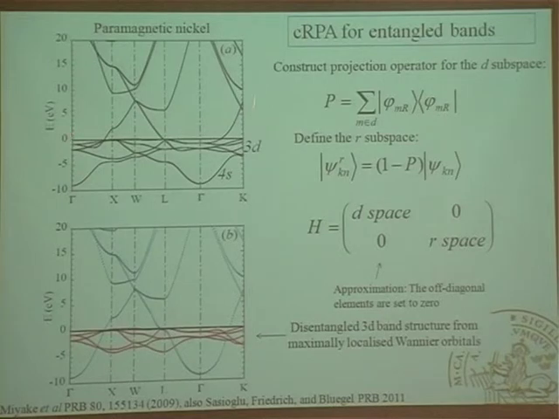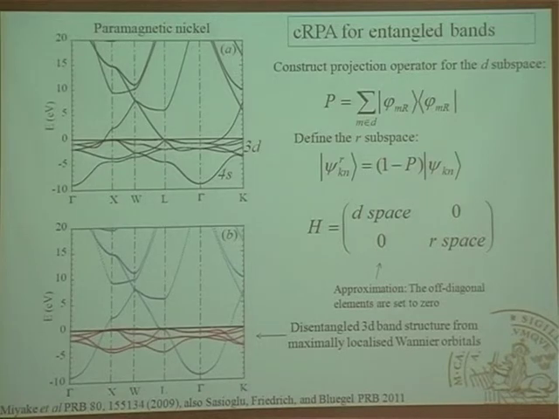So this is the original band. And the red one here is the band structure obtained from the maximally localized Wannier orbitals. So you can see that there is quite a lot of similarity between this 3D band and this one here. So that's the first step.